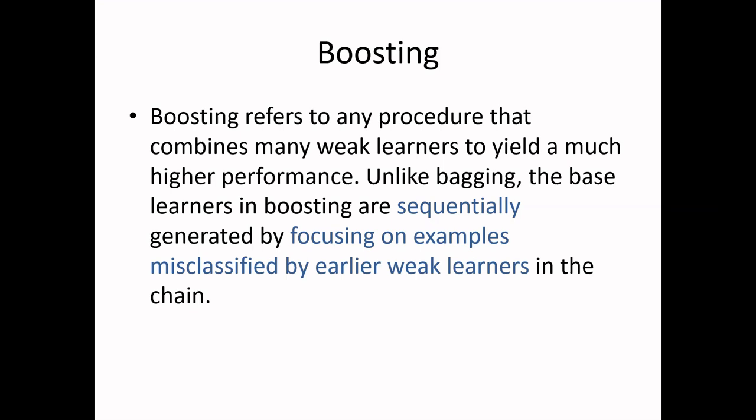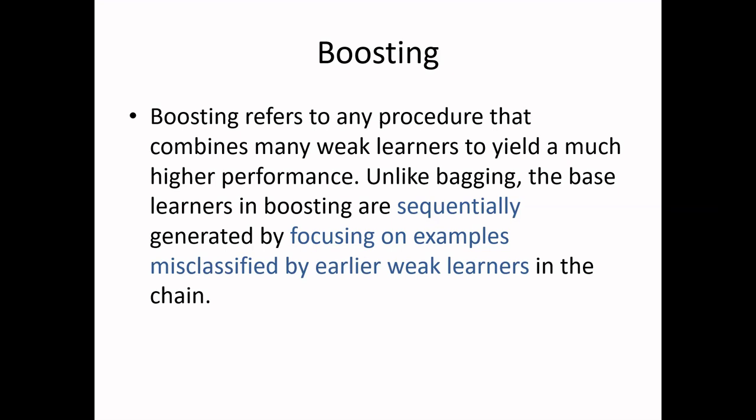The same idea: your first learner looks at the data and picks out the examples that it can easily solve. Then the next learner is told to focus on the examples that were not dealt with by the first learner. The next learner will obviously take care of some of the examples, but maybe there are still examples left that are not correctly classified.